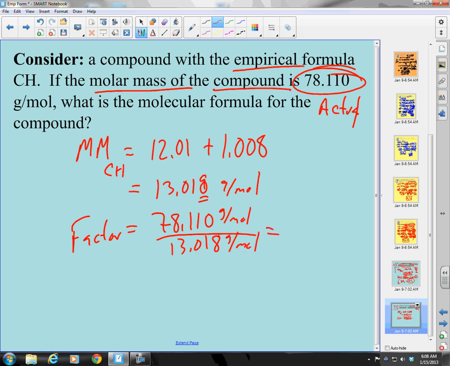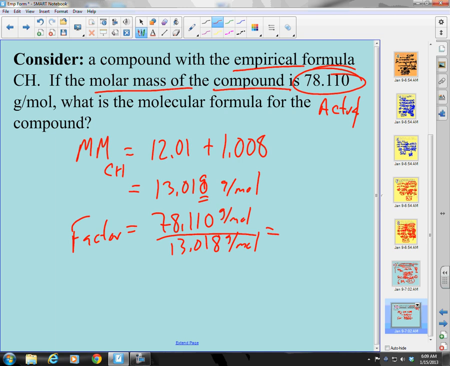By the way, if you find out you're getting a fraction here, well, you made a mistake. Either you didn't calculate your empirical formula correctly, or you have the ratio mixed up. Your empirical formula mass is always less than or equal to your molecular formula mass. So you should never get a fraction.